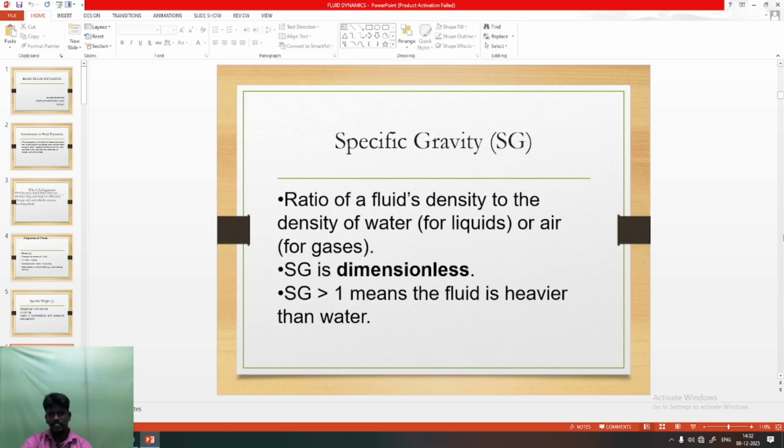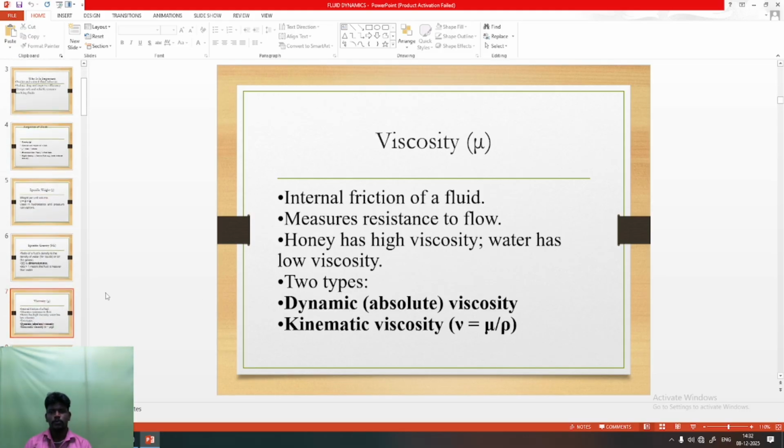If it is air, the value is 1.225 kg per meter cube. The specific gravity is dimensionless. If the specific gravity of any fluid is greater than 1, the fluid is heavier than water, it has a heavier density.